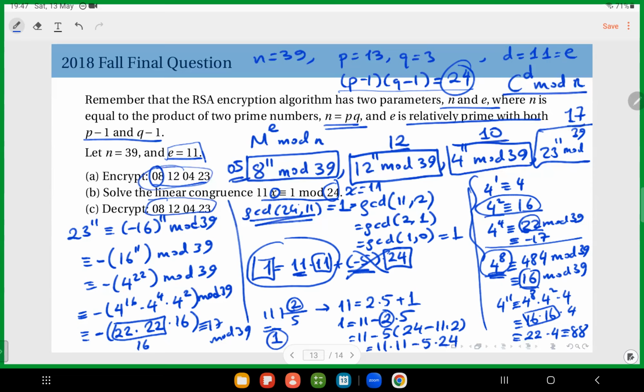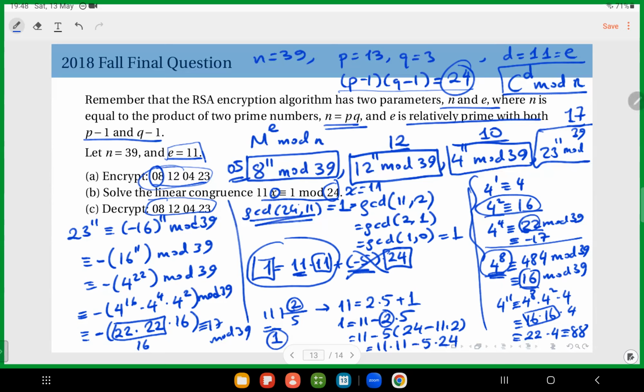And in part C, this is the code word now, it's not the message. So I just want to decrypt it. But to decrypt it, I need to compute C to the power D modulo N, and D is 11, N is 39. So the result will be exactly the same because D and E values are the same.